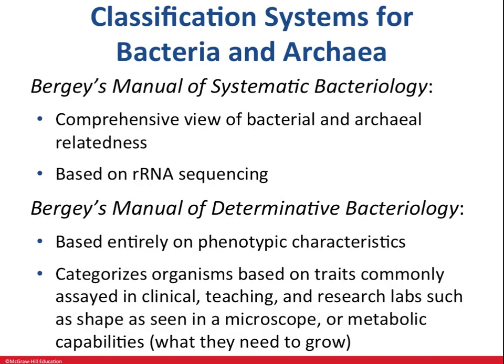We use the Bergey's Manual of Systematic Bacteriology for the classification of the bacteria and archaea. This is a comprehensive view of the bacteria and archaea relatedness. This classification is based on the ribosomal RNA sequencing.